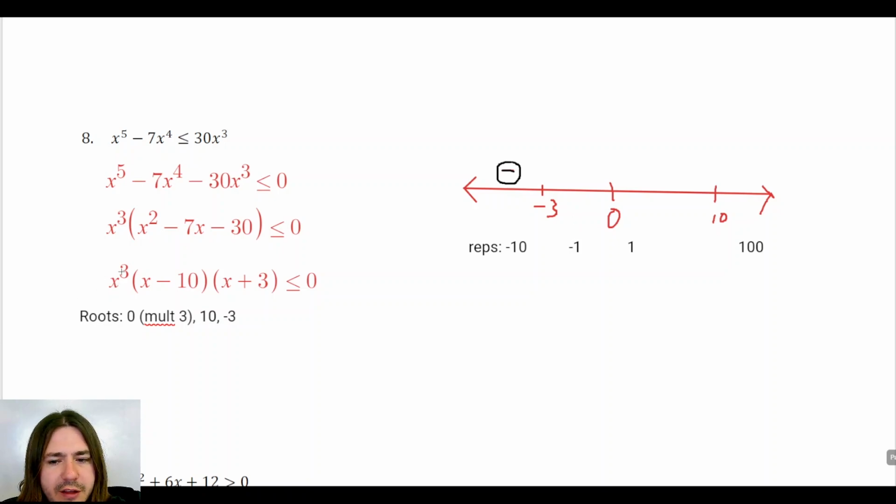That's a negative times a positive, so that will end up being positive. We don't have any even multiplicities, so just like the last few, we are expecting alternating signs, but let's be safe here. Plug in 1, we get a positive times a negative times a positive, so that's going to be negative. And if I substitute 100 in, I've got a positive times a positive times a positive, so that will be positive.